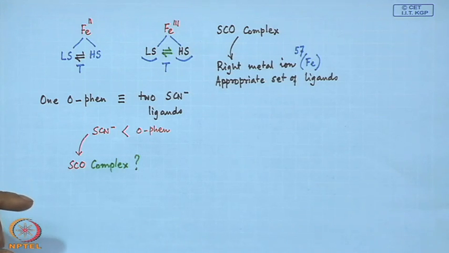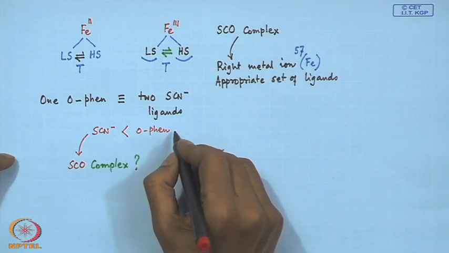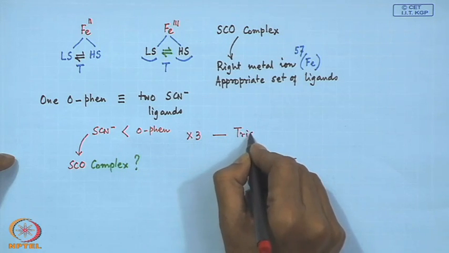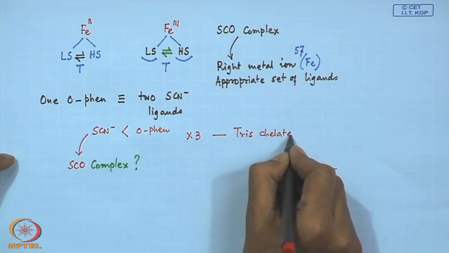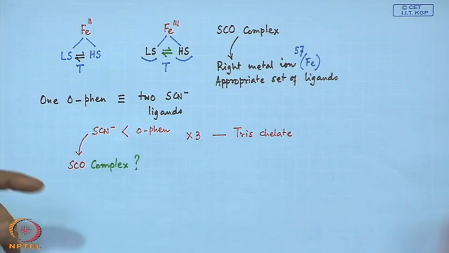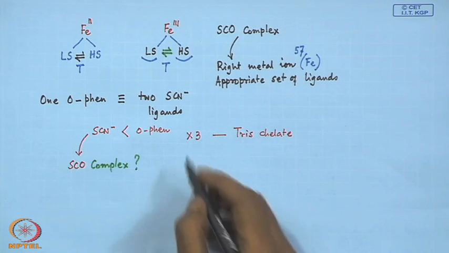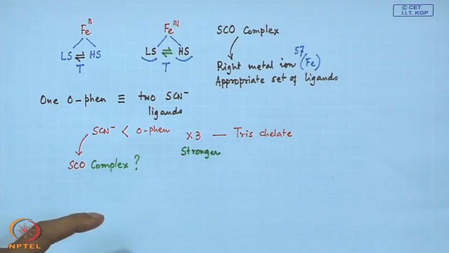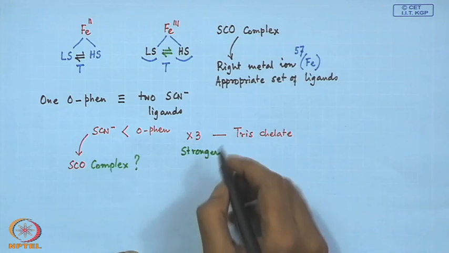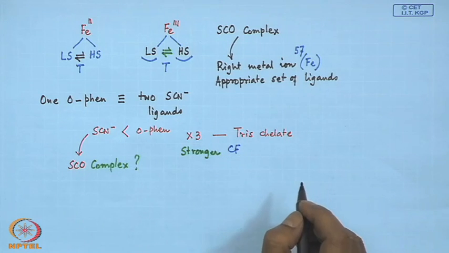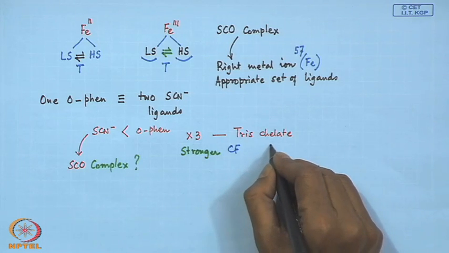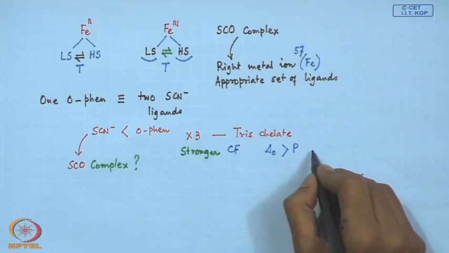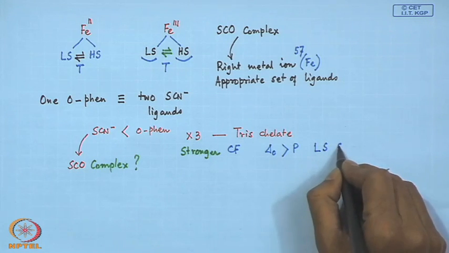When the ligand is strong enough, such as phenanthroline, and we are providing 3 of them together in the tris chelate, that means we have the stronger crystal field, in which delta octahedral is greater than P, and we will end up with a low spin situation.